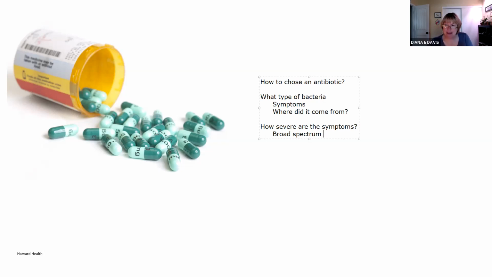There are much more advanced techniques now, including analyzing the genetic material, the DNA of the bacteria, seeing what kind of bacteria it is. Once they identify the bacteria, they'll often change what antibiotic they're using, trying to get the most specific antibiotic for that bacterium and save those broad spectrums for when they are absolutely needed.